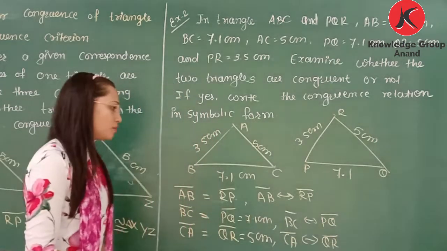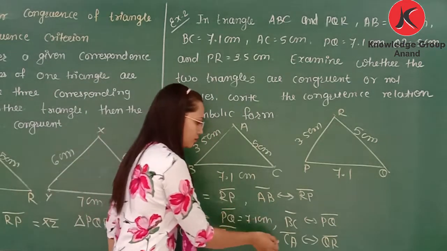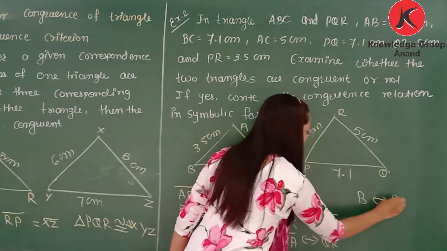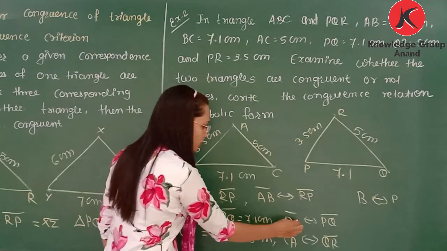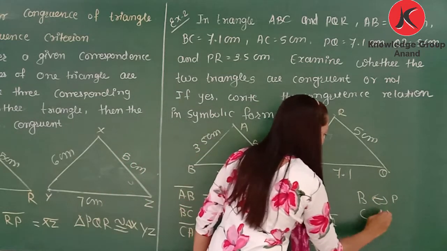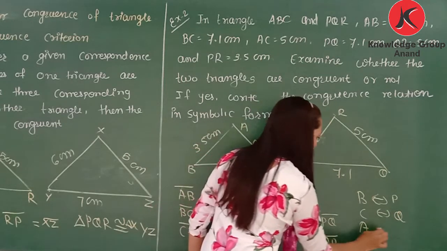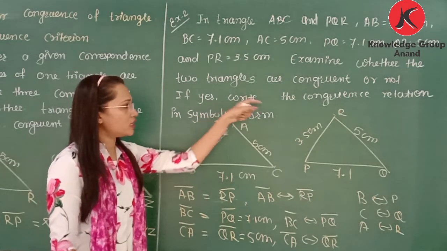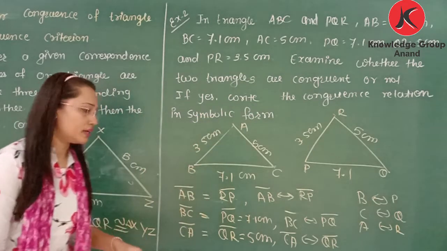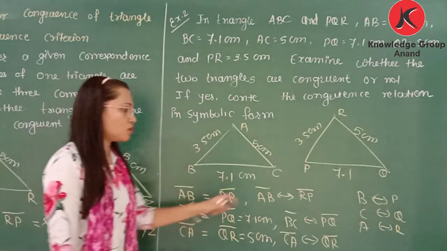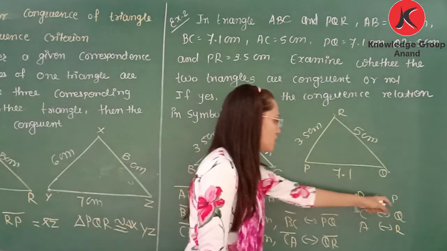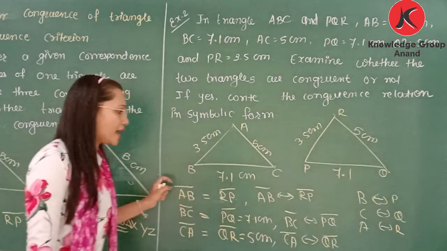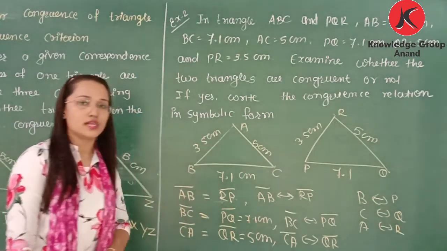So which are the congruent parts? Here A, here B, and here it is P and B. So B corresponds to P. Now for the next one, C and here Q. So C corresponds to Q and the remaining A corresponds to R. Now here three sides are the same. So we get the three correspondences: B corresponds to P, C corresponds to Q and A corresponds to R. So by SSS criteria, these two triangles are congruent.